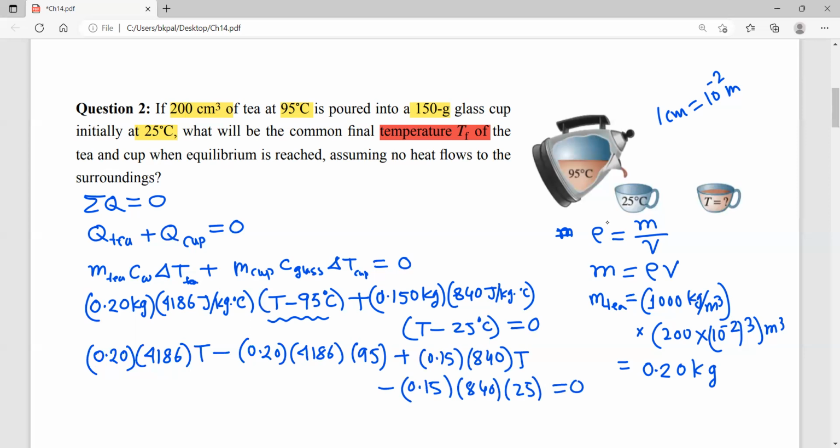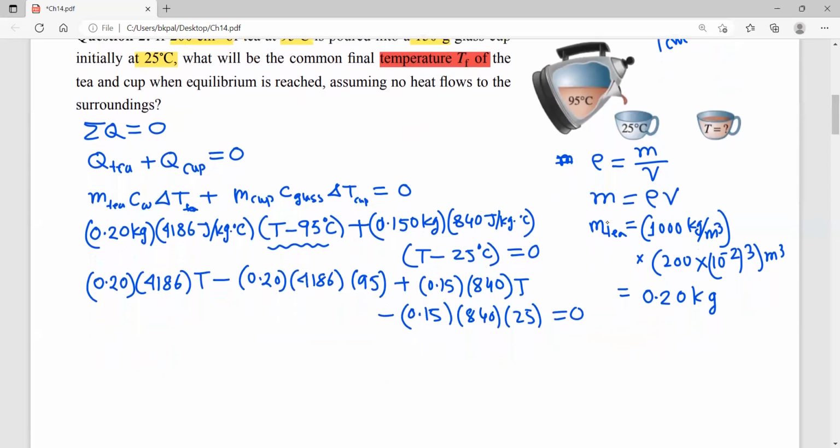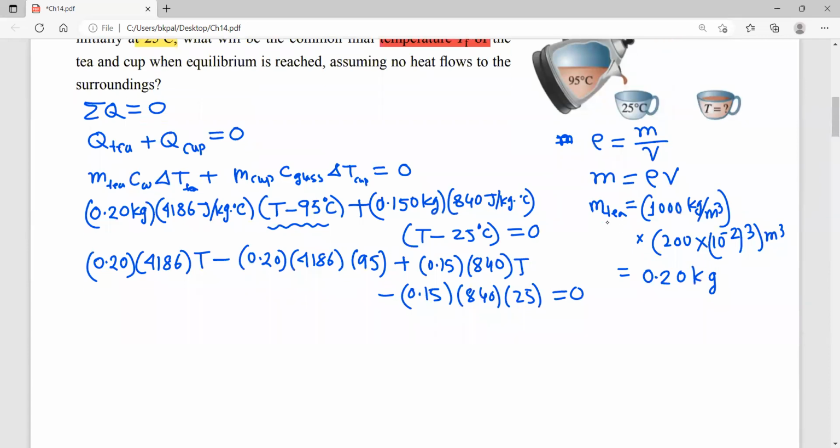Now you see that we have 2 terms that contain T, and then 2 other terms are completely numerical. So if you simplify this, you should get something like this.